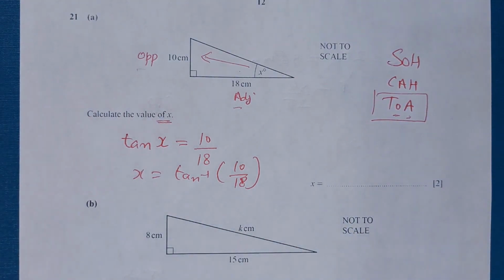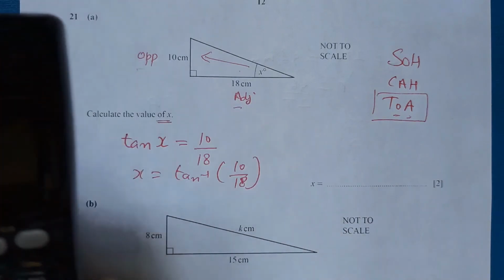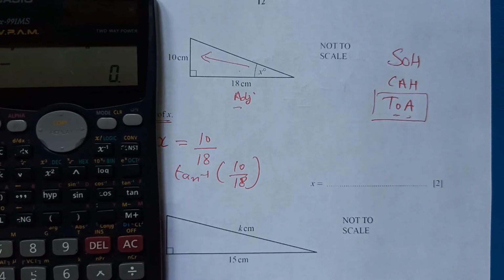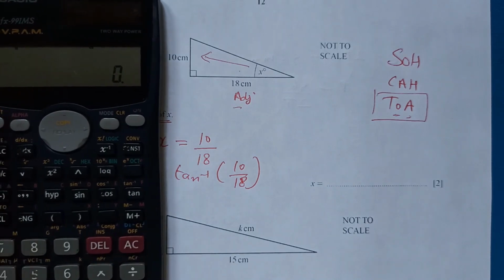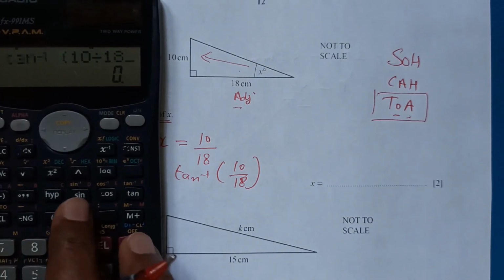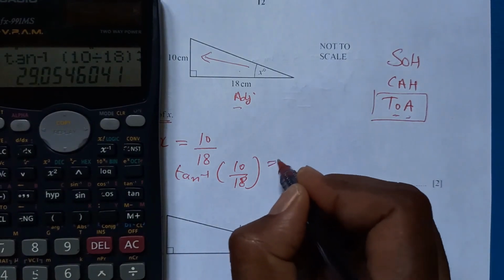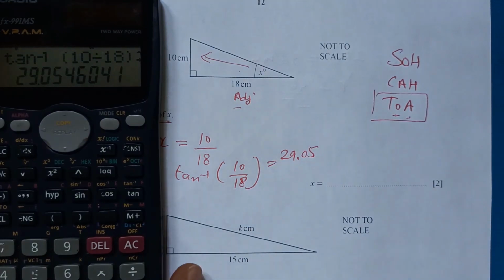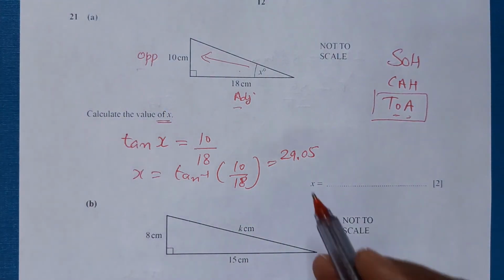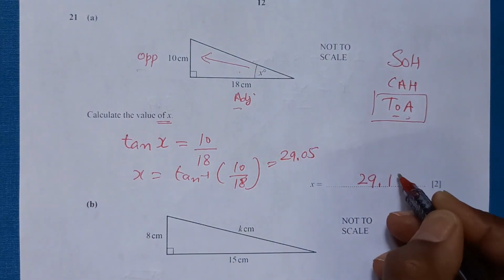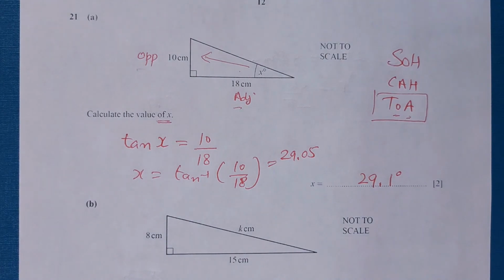You can calculate this with the calculator, that is shift tan, tan inverse in bracket 10 divided by 18. So that is 29.05, but as in the instructions we need to write it to 1 decimal place. So 29.1 degrees will be the value of x.